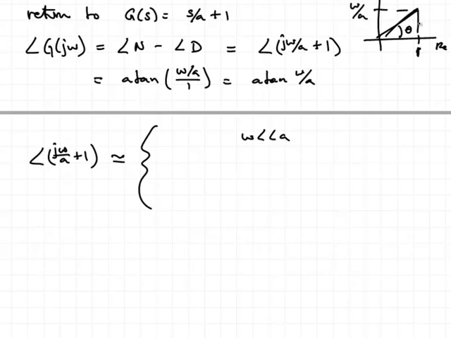And this line here is laying down on the horizontal axis. So we have an angle of 0. And when omega is much, much greater than a, we have essentially the vector here pointing straight vertically up. So we have 90 degrees. And when omega is equal to omega a, we have the arctan of 1. Right? Arctan of 1, which is going to be equal to 45 degrees. So we're halfway in between.